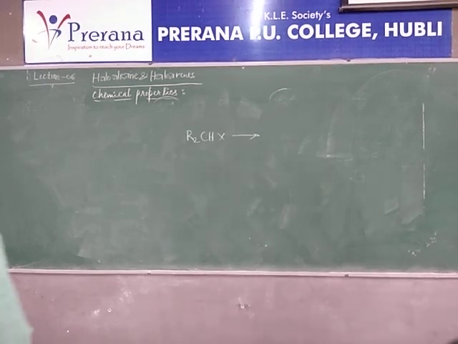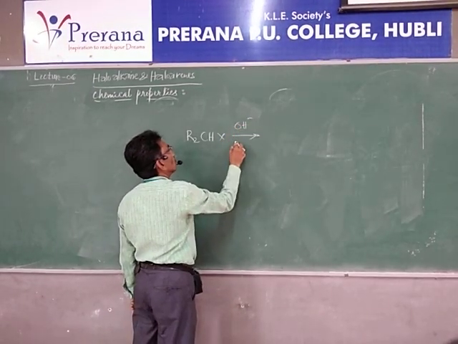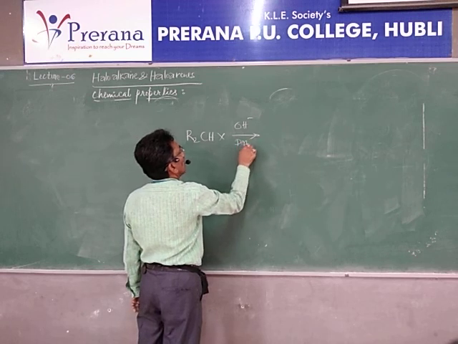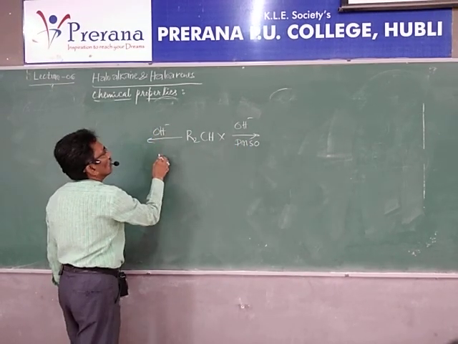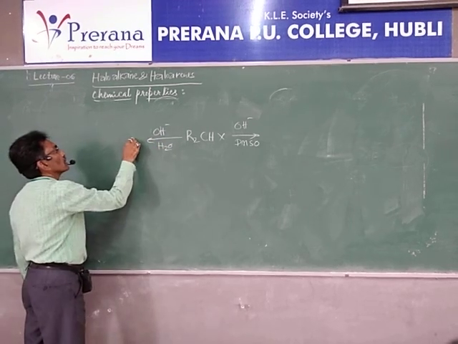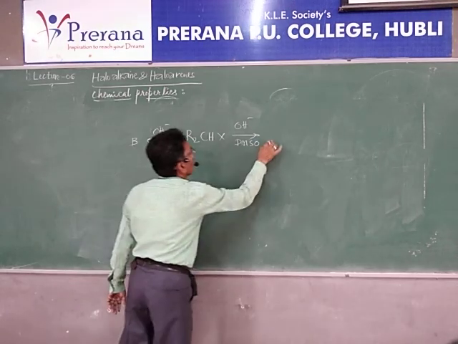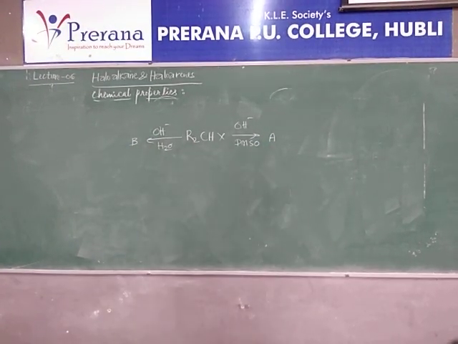This is a secondary alkyl halide. Suppose it is treated with OH minus ion in dimethyl sulfoxide, or OH minus ion with water, giving compound A and compound B. Which mechanism formation of A follows may be asked.